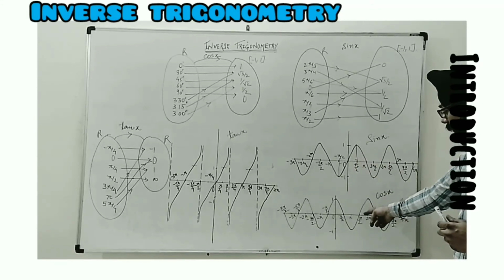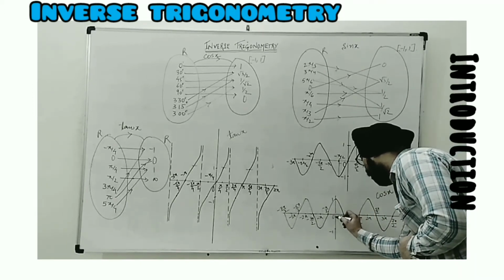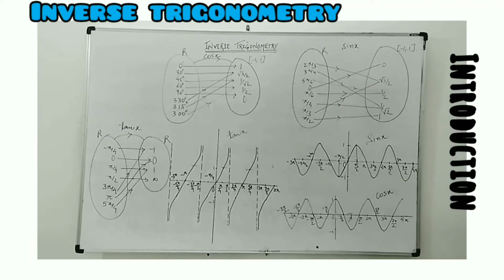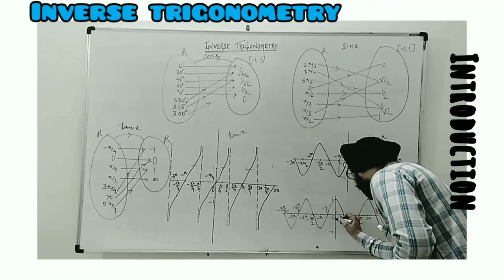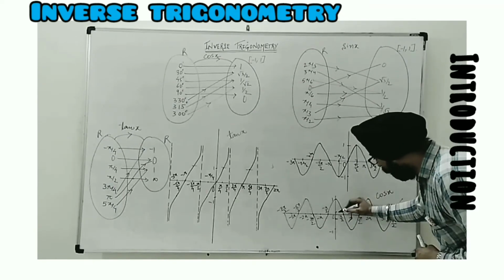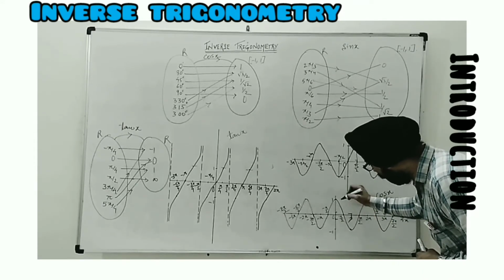Similarly, for cos x, the interval is considered to be 0 to pi. Just to define them as invertible functions, we consider the closed interval 0 to pi. You can see for 0 it is 1, for pi it's minus 1.